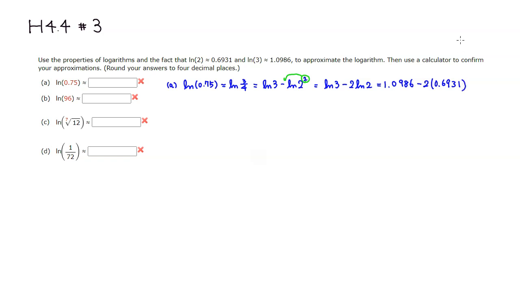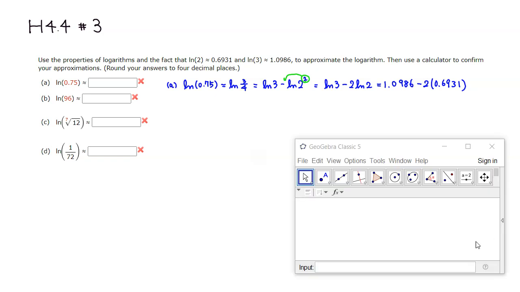I'm going to open up GeoGebra. So we just need to compute 1.0986 minus 2 times 0.6931, and hit enter.